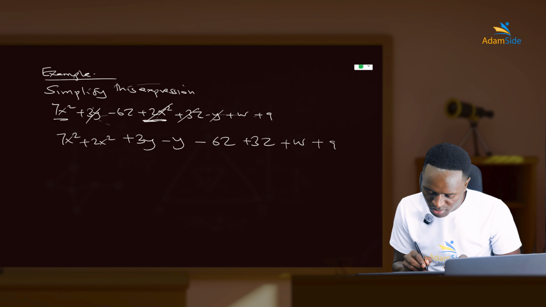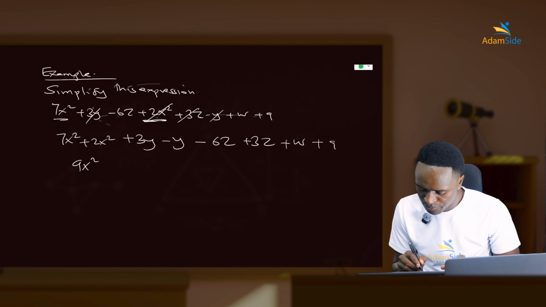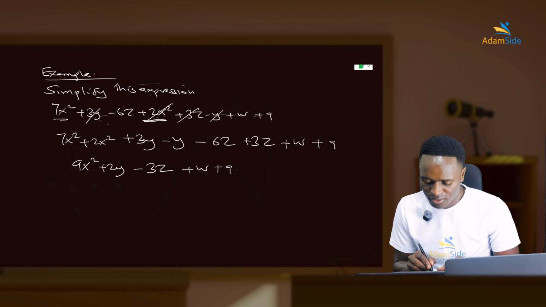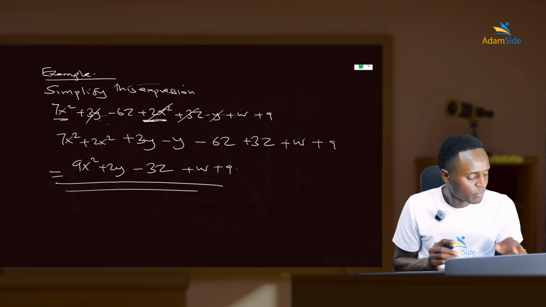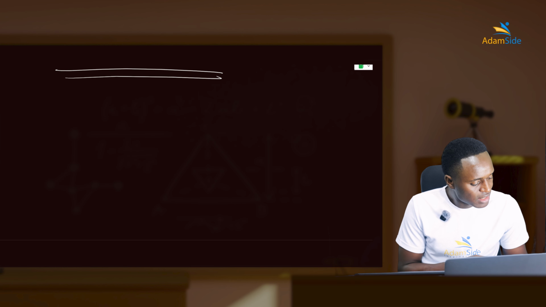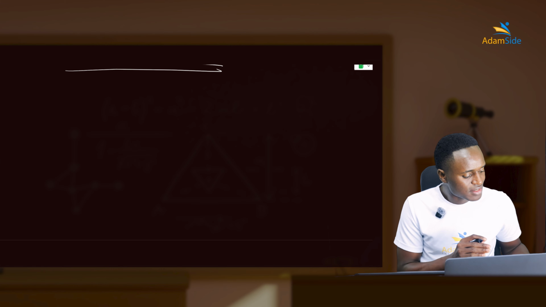So 7x squared plus 2x squared is 9x squared. 3y minus y is 2y. Minus 6z plus 3z is minus 3z, plus w plus 9. So this becomes the answer: 9x squared plus 2y minus 3z plus w plus 9.